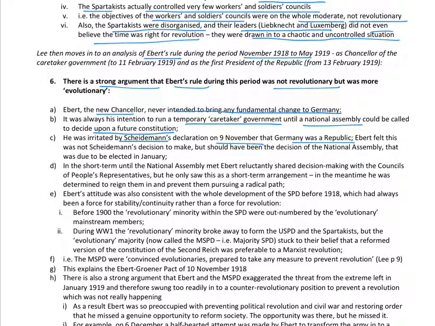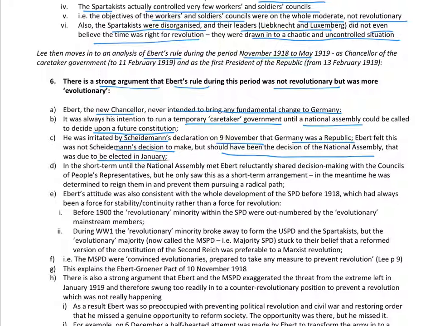Hebert felt that was not Scheidemann's decision to make, but because he stood on the balcony and declared it to the crowds, Hebert could not really backtrack on that, but he felt that that was an unconstitutional declaration. The decision about whether Germany was a republic or whether it continued to be a monarchy should have been made by the National Assembly that hadn't been elected at that particular point.